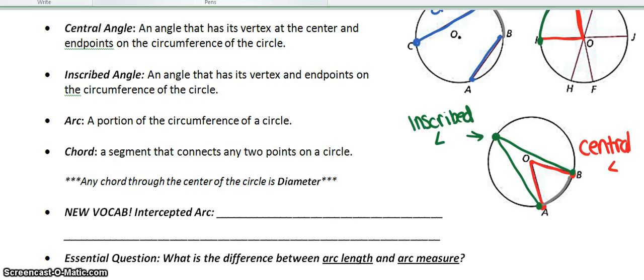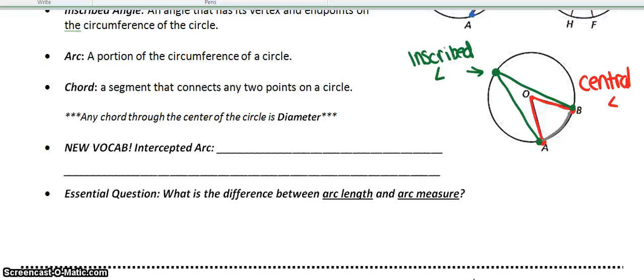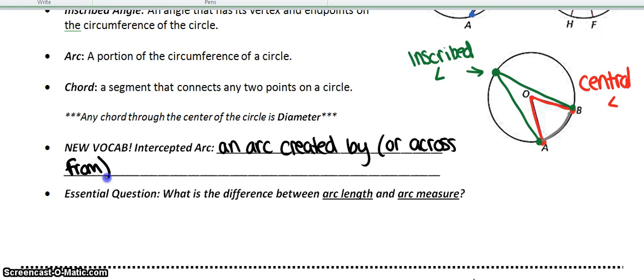I'm going to write this definition. This isn't the precise definition, but this is how I remember it. An intercepted arc is an arc created by an angle in a circle. Or you can say, across from an angle in a circle.